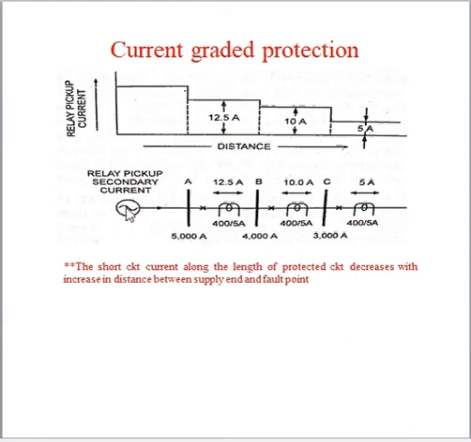If the fault is here, some of the current, 5000 amperes, 4000 amperes, 3000 amperes, because some of the loads are connected here, may act. First it will see the current at this location, and if it is more than 10 ampere, then that relay will operate.